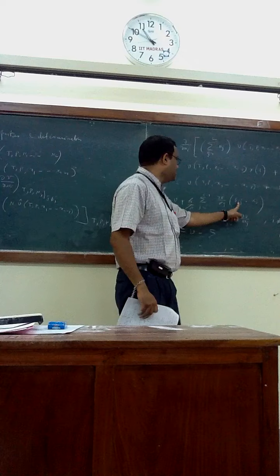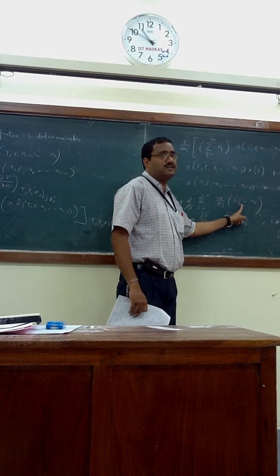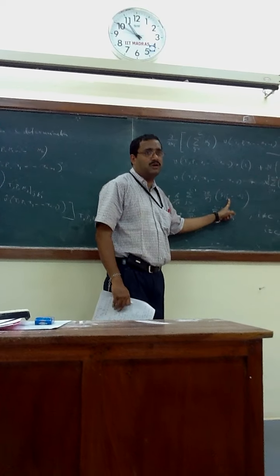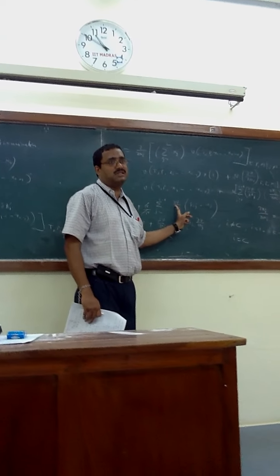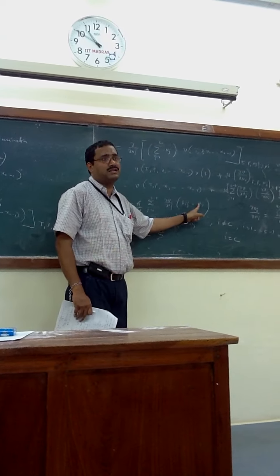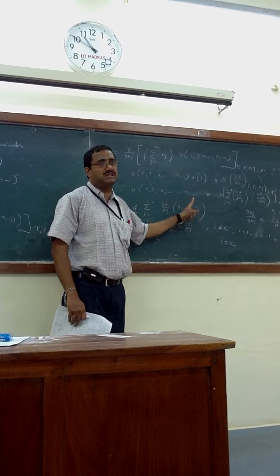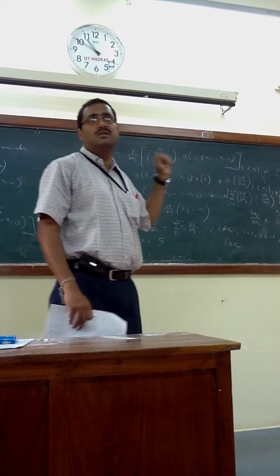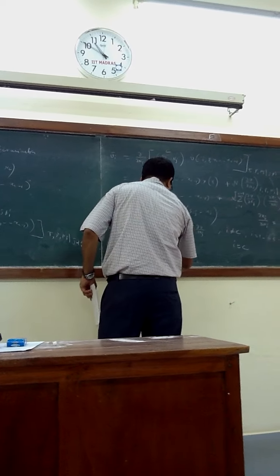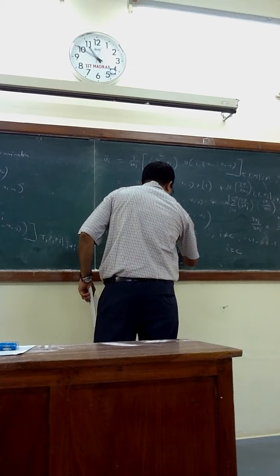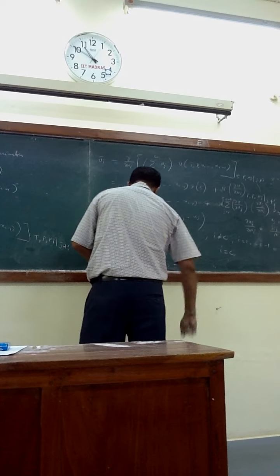Because i equals c means this will never have i equals j, because j will be varying up to c minus 1, so c minus 1 maximum, and all the time it will be 0. This term will go. We'll have only V minus summation x_j ∂V/∂x_j. Is that clear? Yes or no?